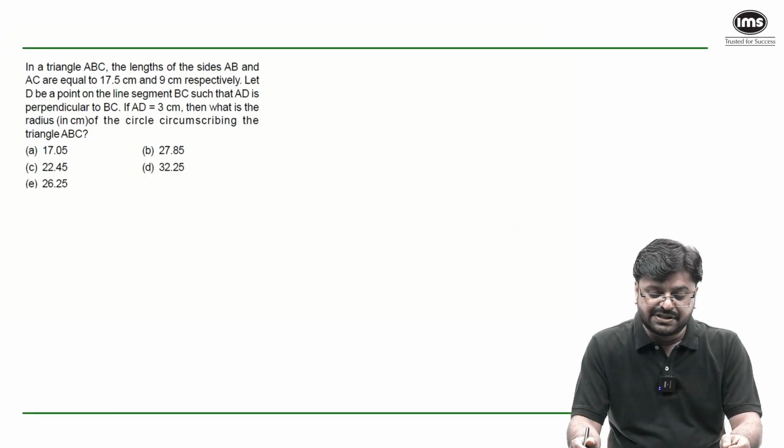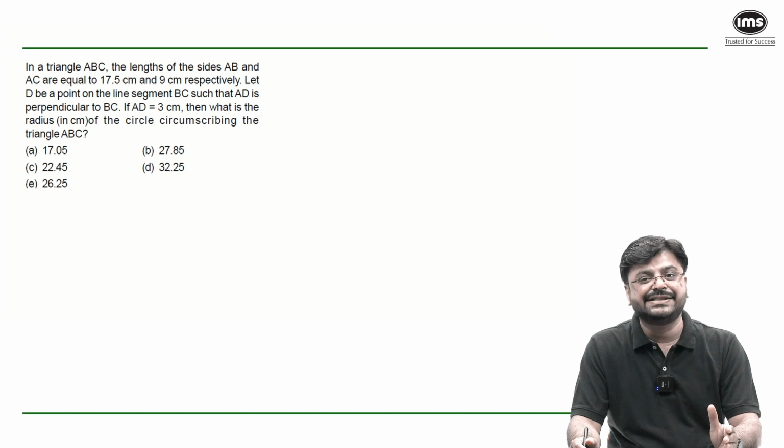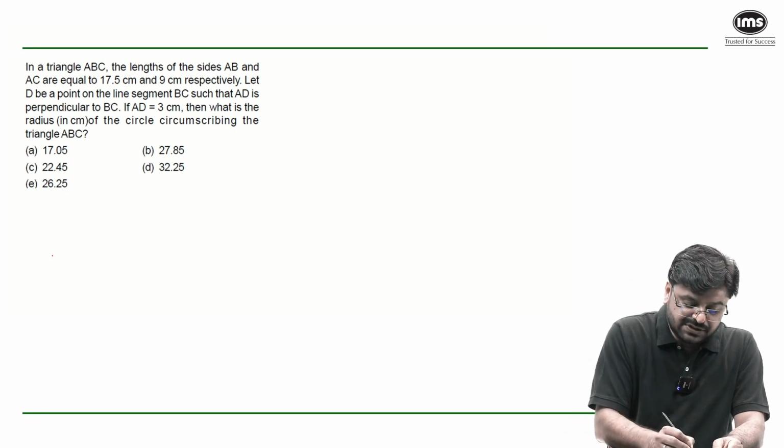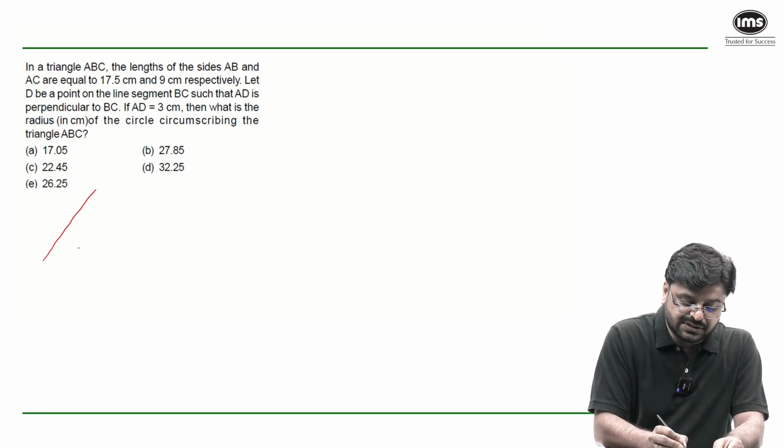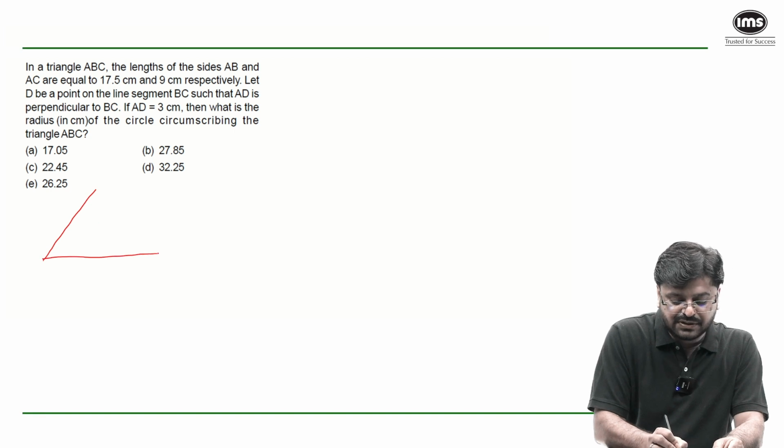In a triangle ABC, the lengths of sides AB and AC are equal to 17.5 and 9 centimeters respectively. Let D be a point on the line segment BC such that AD is perpendicular to BC. If AD is 3 centimeters, then what is the radius in centimeters of the circle circumscribing the triangle ABC? So first, let's draw this to understand what they're saying.